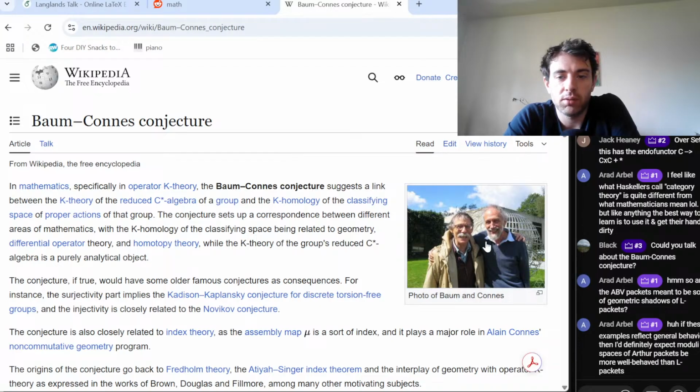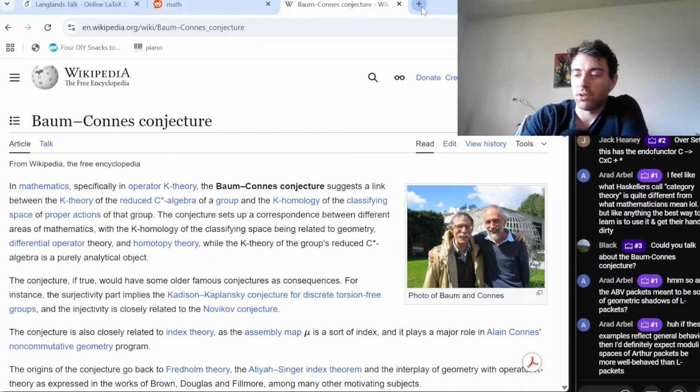Wow, what a happy looking picture. There's some happy looking dudes in that picture. I think maybe at this upcoming Arthur conference, there will be some talk about Arthur packets, Arthur parameters in the categorical Langlands case.